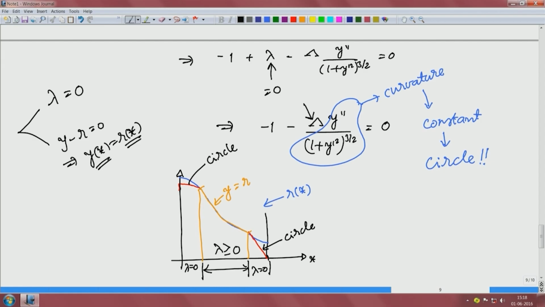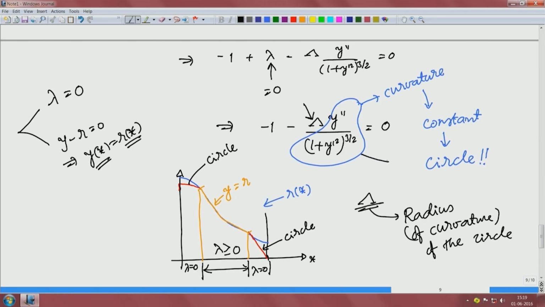And what about this capital lambda? That simply indicates the radius of curvature of this red curve, the y. So, Lagrange multipliers always have some physical meaning. The radius of curvature of the circle, meaning the radius of the circle itself, is indicated by this lambda, because that is what comes from the equation that we have here.